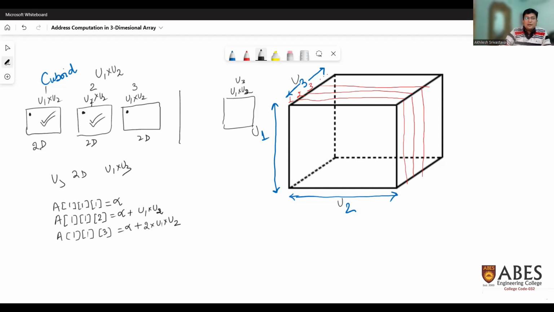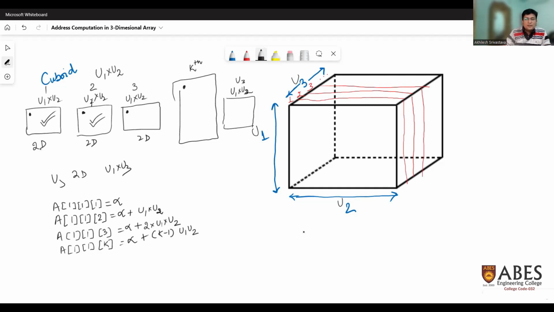Similarly, let's assume that we have some slice in between, and let's say this is the kth slice. Then the address of the first element in this kth slice will be equal to alpha plus k minus 1 into u1 cross u2.